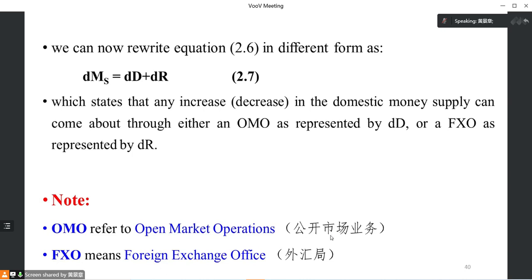Open market operation in Chinese we can say 公开市场业务. These items can be explained in macroeconomics. FXO means foreign exchange office. In Chinese, we can say 外汇局. Okay, let's go on.